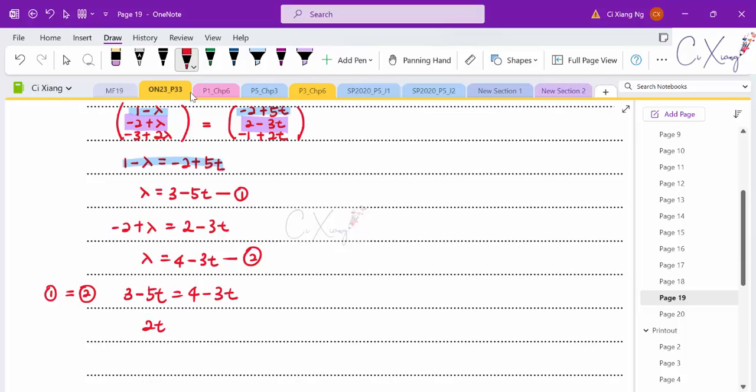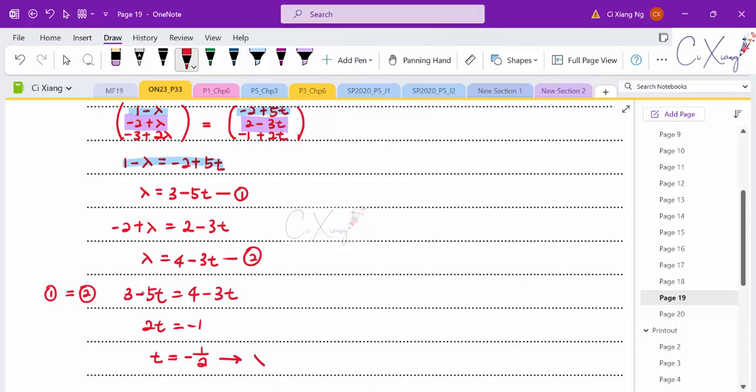Then I'm having 2t equals negative 1, correct? Because if you bring the 5 over here, then 4 over here, you're having 2t equals negative 1. And from here, t equals negative 1 over 2.